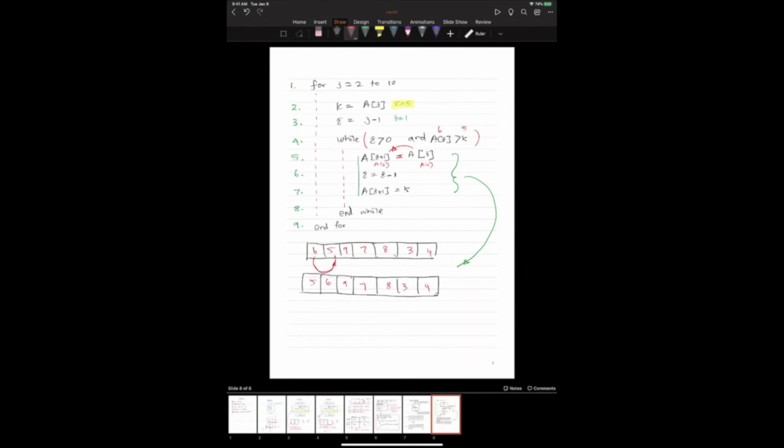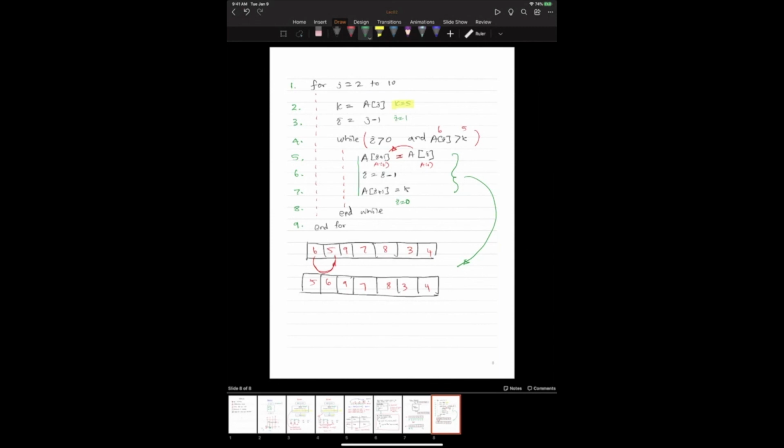So after executing these ones, i is 0 now. So I am at the end of the while loop. So if I had to execute these 3 lines in the while loop, line 5, 6, and 7, all the time while this condition is satisfied.